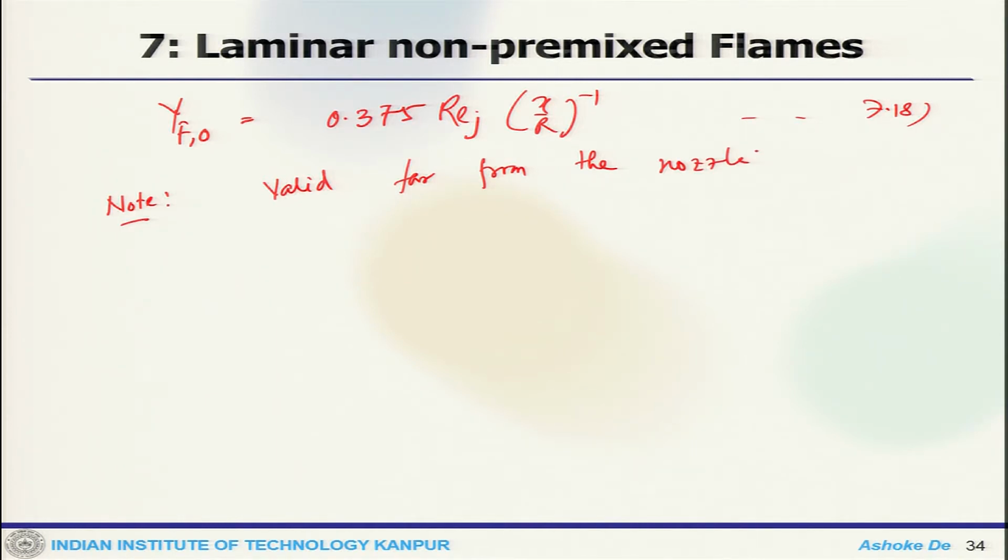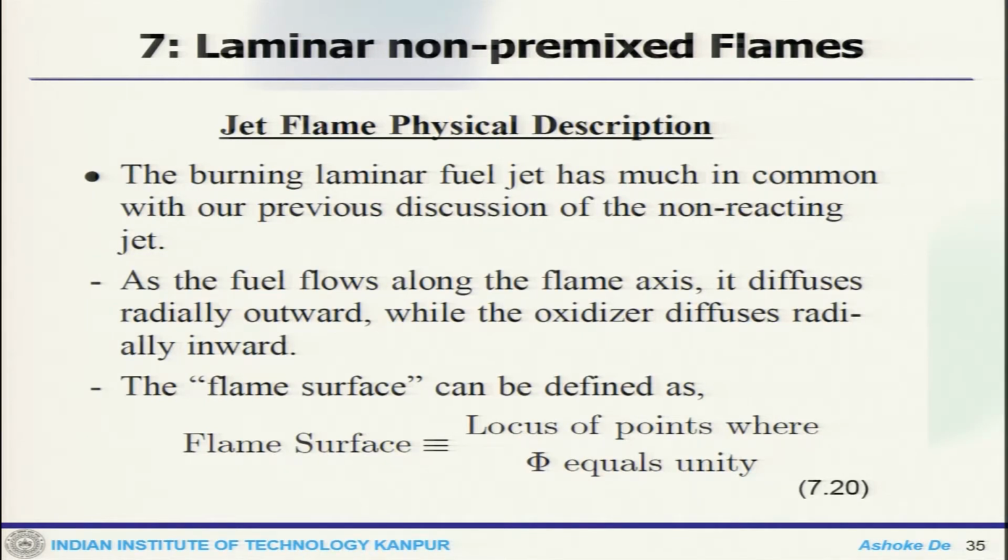The dimensionless distance downstream where the solution is valid must exceed the jet Reynolds number, which means x by r should be greater than this.